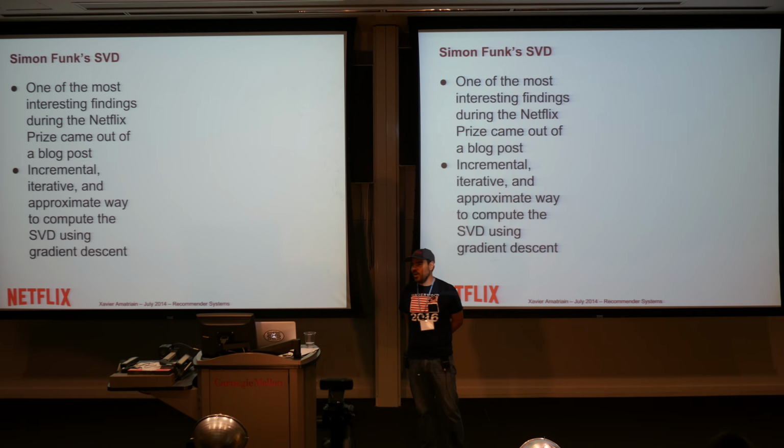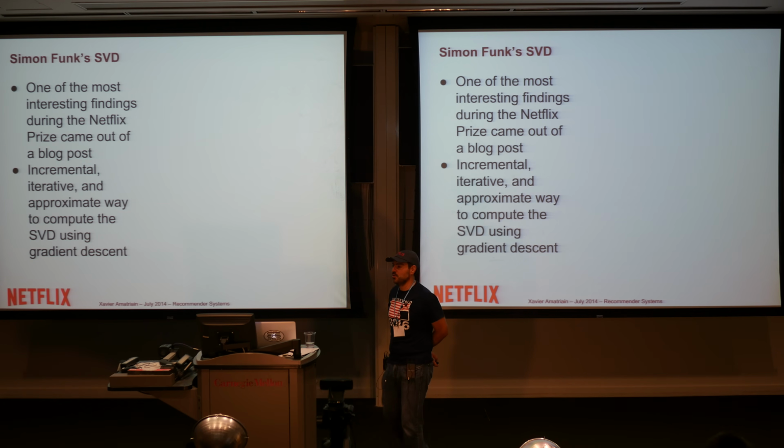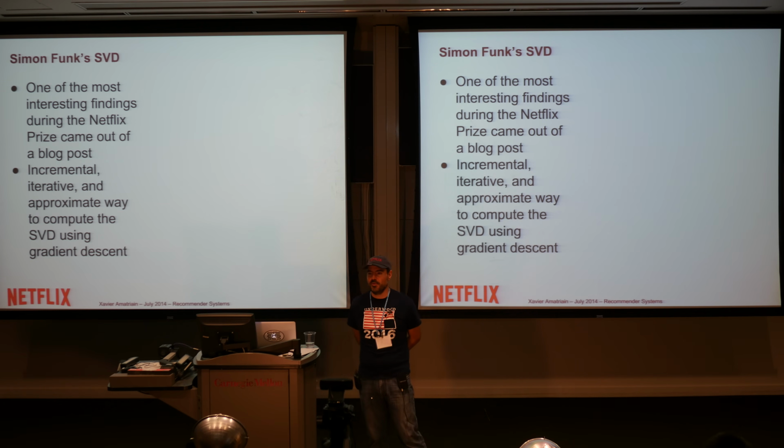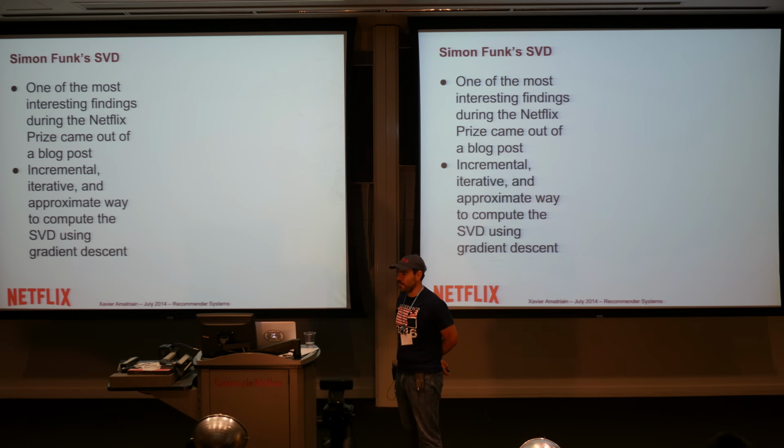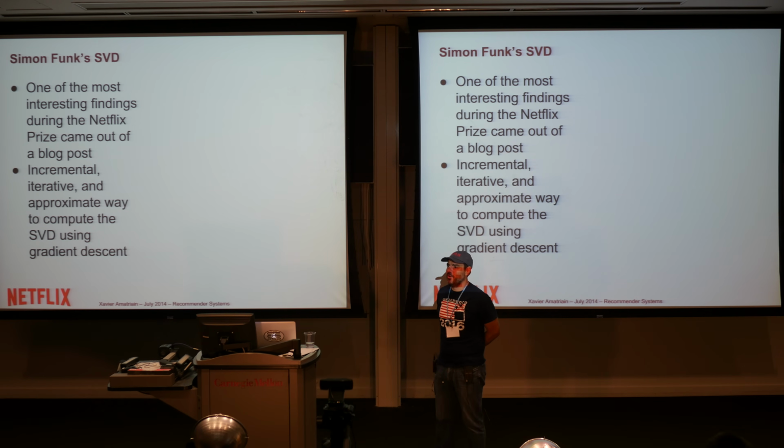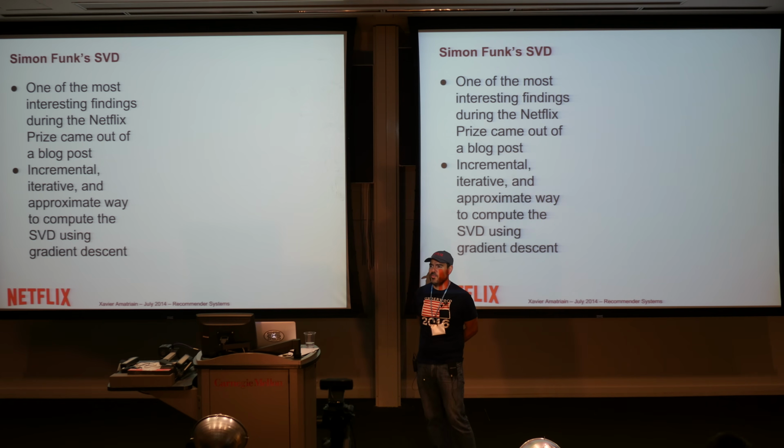And the picture is of a blog post of somebody called Simon Funk from New Zealand. One of the most interesting findings during the Netflix Prize was when he came up with a blog post. I can describe it to you.